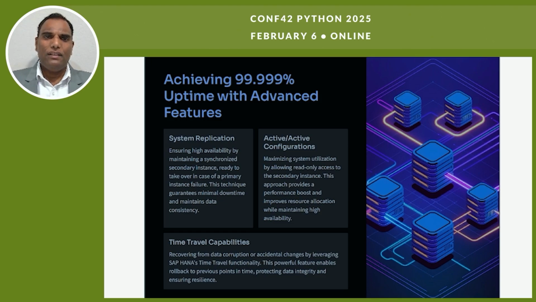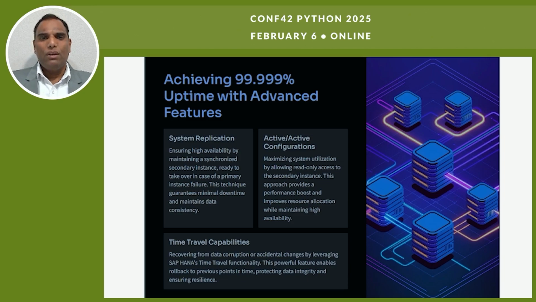Here we can see how to achieve uptime up to 99% with advanced features. The first one is system replication, ensuring high availability by maintaining a synchronized secondary instance ready to take over in case of a primary instance failure. This technique guarantees minimal downtime and maintains data consistency. Second one is proactive configurations, maximizing system utilization by allowing read-only access to the secondary instance.